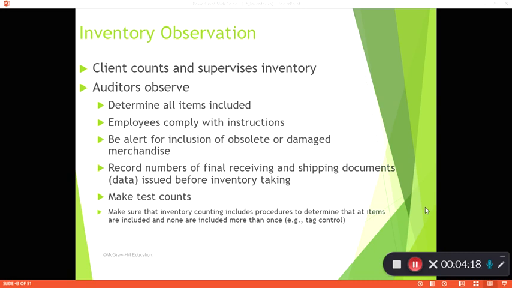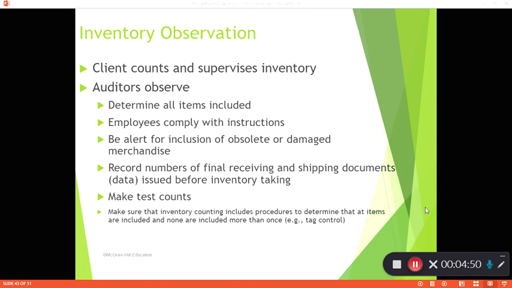We also make sure that the employees doing the count are complying with the set of instructions, because there are usually very specific ways you have to do this count. Often you have to make sure they are taking account of obsolete items or damaged items, and that they have a way to record that.